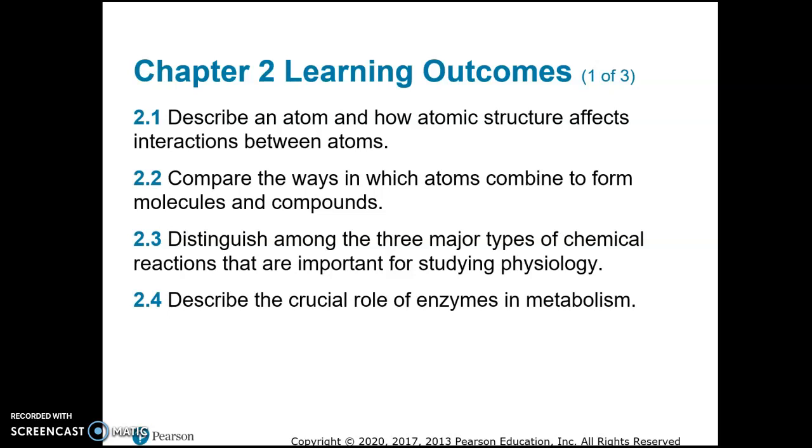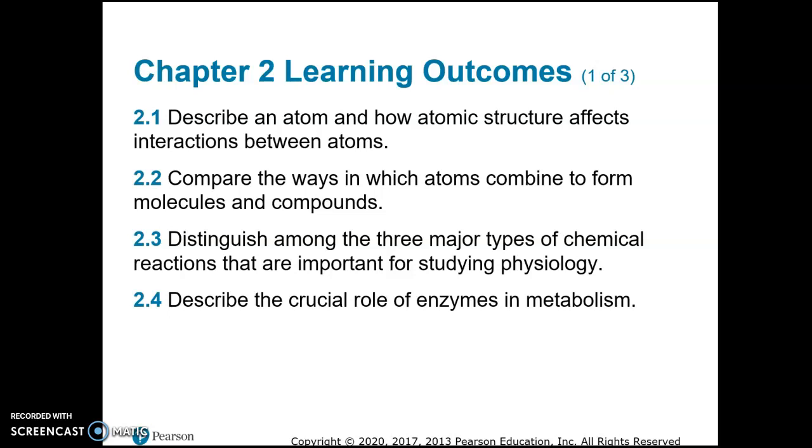And then we will move to 2.3, the 3 types of chemical reactions. One will be the reactions that break down larger molecules, and another will be the reactions that build molecules, and then there will be reactions that don't break down or build anything. They just rearrange atoms.